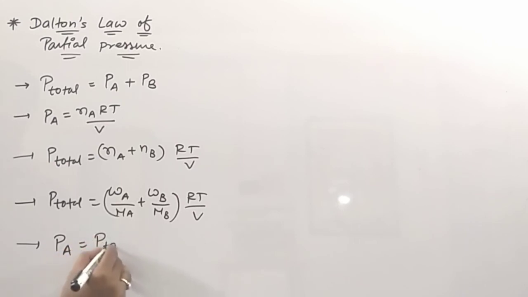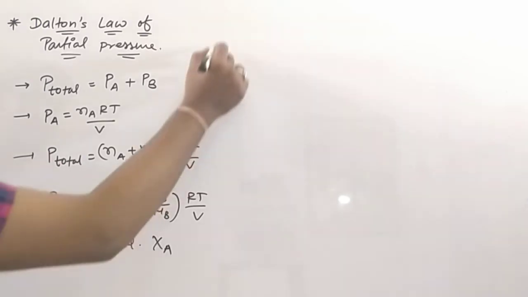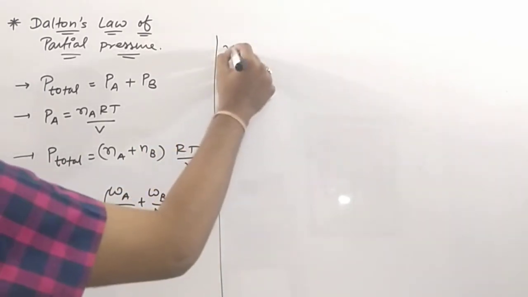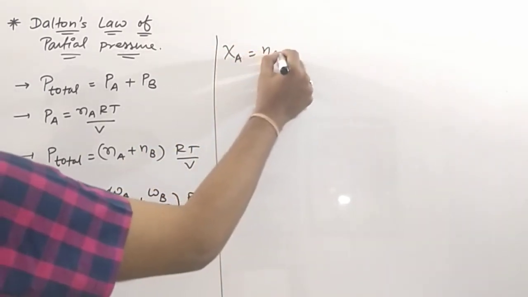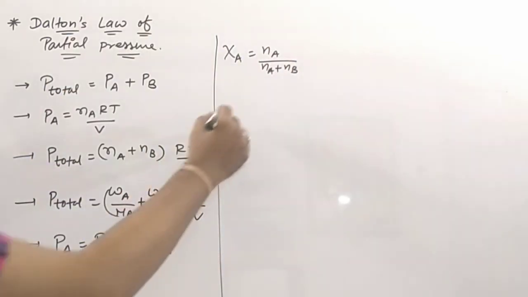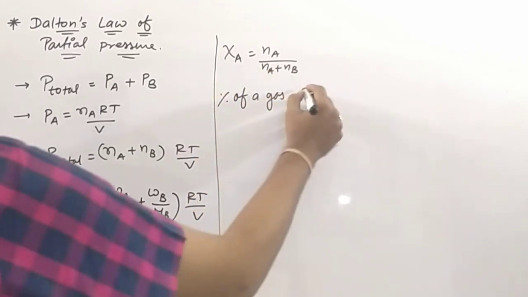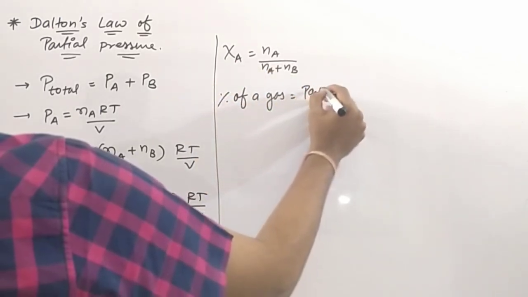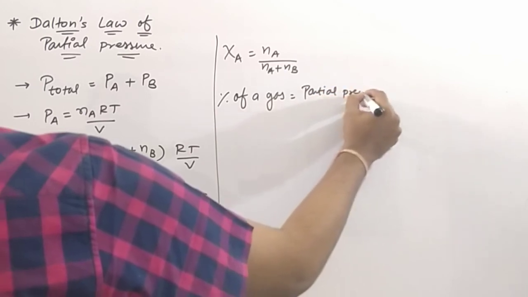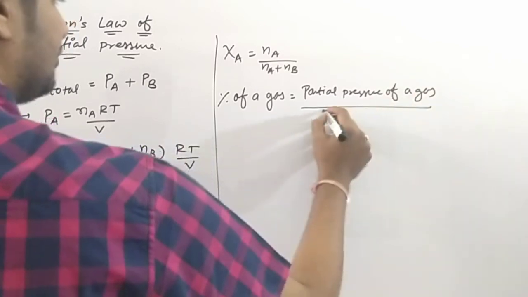Then we have discussed that partial pressure of any gas is equal to P total into mole fraction of that gas. Clear? Again, I am writing the formula: mole fraction is equal to what? Moles of component upon total moles, Na plus Nb. Now percentage of a gas is equal to what? The partial pressure of a gas upon total pressure into 100.